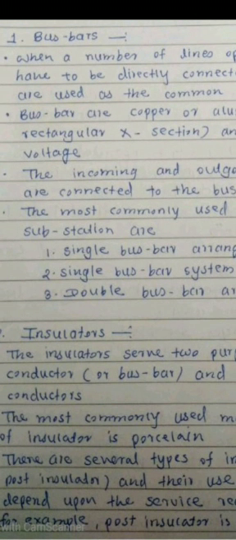The most commonly used material for manufacturing insulators is porcelain. There are several types of insulators. We already know the types of insulators, for example pin type and suspension type insulators, which can be used in the substation depending upon the service requirements.